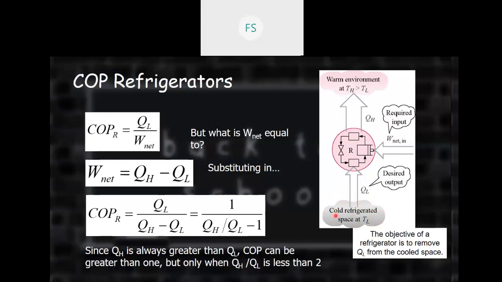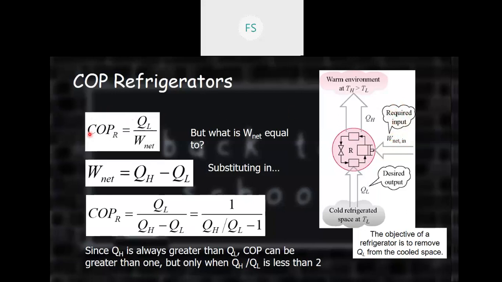We want to make this space as low in temperature as possible by removing this QL. And here, this is the compressor. The compressor needs W net in to compress the refrigerant from the evaporator to the condenser. Therefore, W net in is the required input.